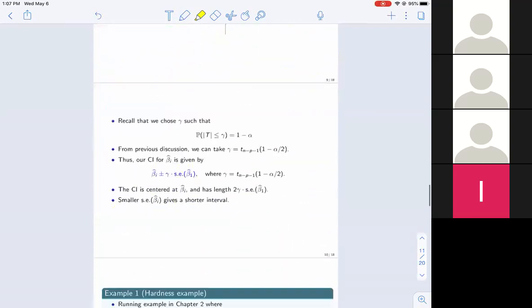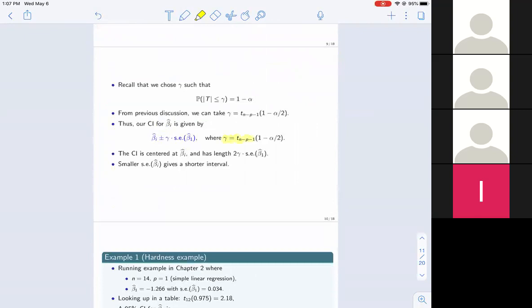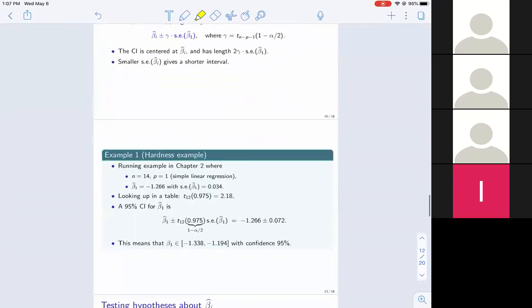Okay, so let's see an example then. This is the same idea, so I can write this as the 1 minus alpha over 2 quantile of the t distribution. Here's an example. It's in your book. I haven't included the background. It's something about the properties of something, I forgot.